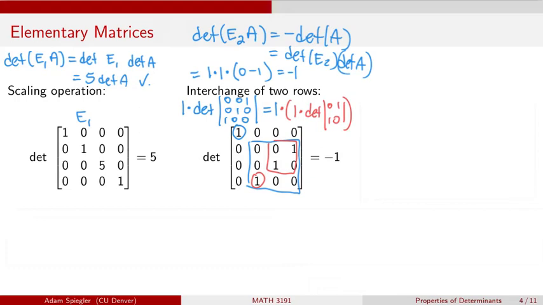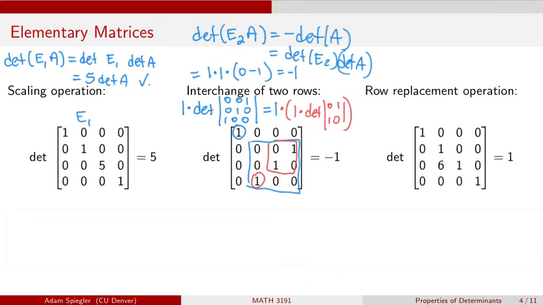And one last operation to consider is a row replacement operation. We've seen that a row replacement operation should not have any effect on the determinant of a matrix. For example, applying a row replacement operation to the identity matrix shouldn't change its determinant. We should still get a determinant of 1, since the determinant of the identity matrix is 1.